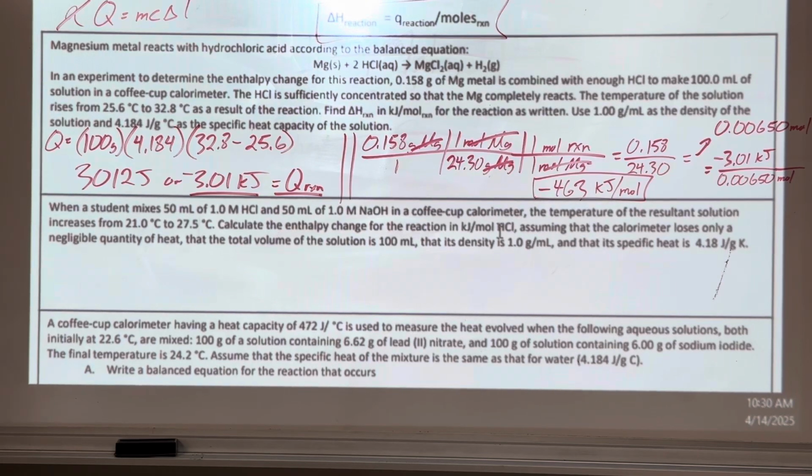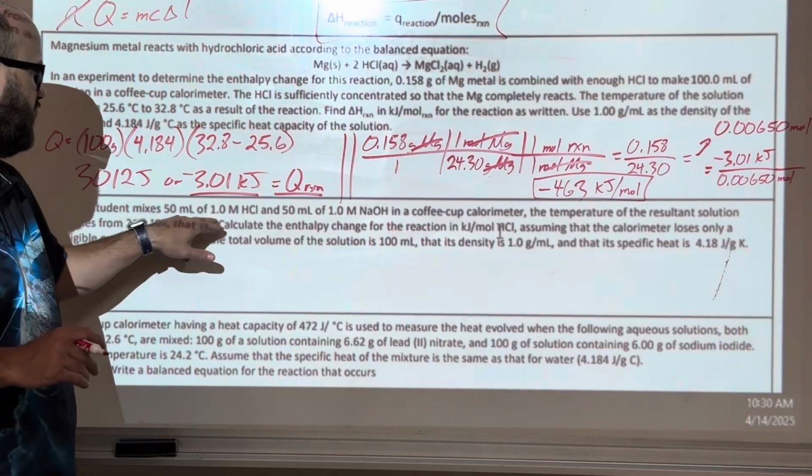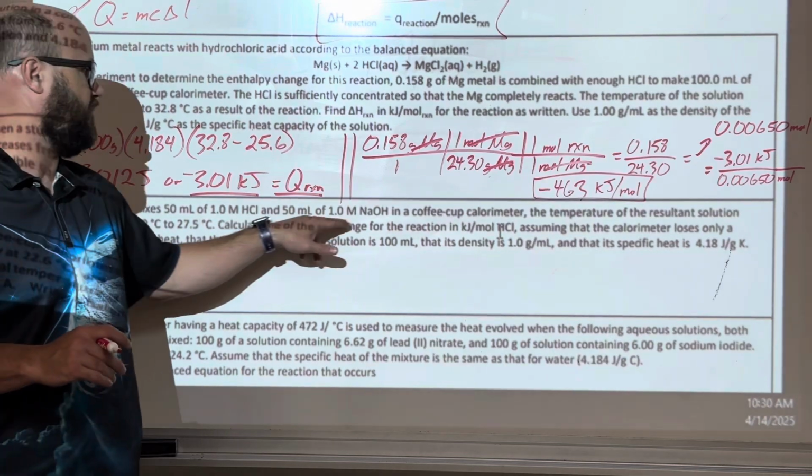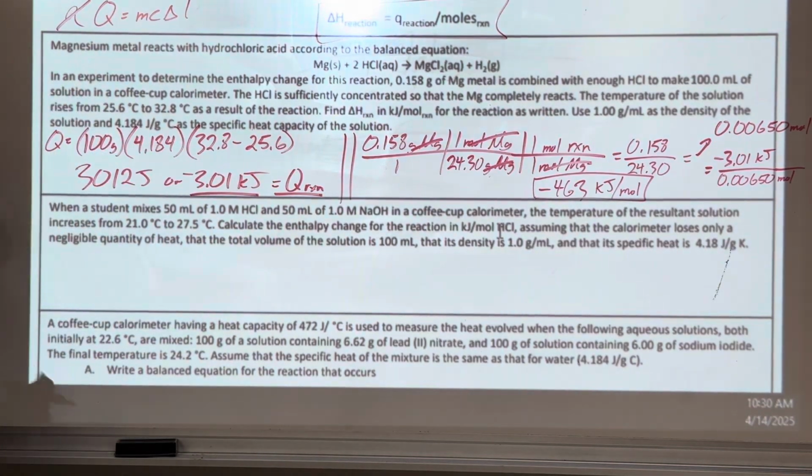Let's do one more before we move to the second type of calorimetry or enthalpy change. This one says it's all about liquids. A student mixes 50 mL of 1.0 molar and 50 mL of 1.0 molar, both of these being HCl and sodium hydroxide, inside a coffee cup calorimeter. The temperature of the resultant solution increases from 21 to 27.5 degrees Celsius.